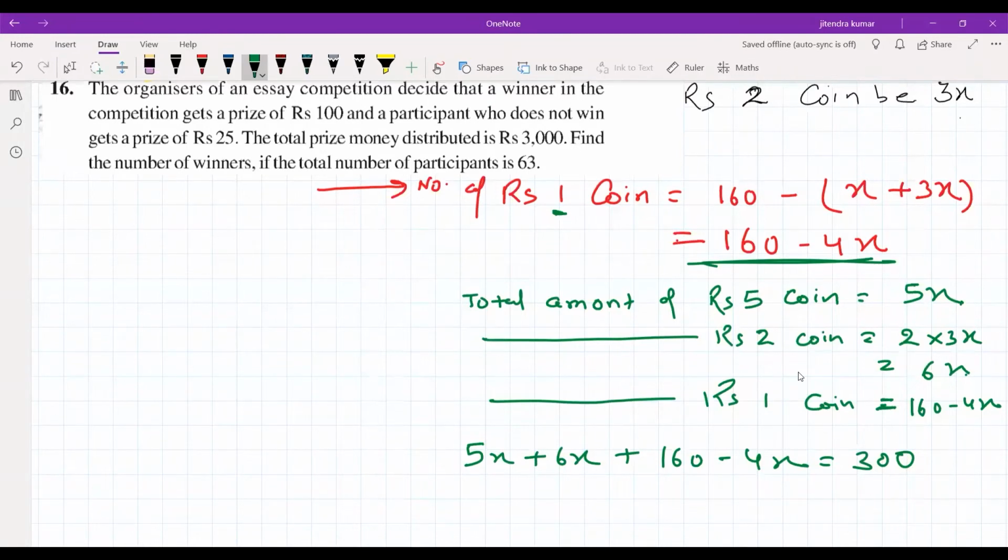Okay, so solve this and tell me the answer. What will be the value of x here? Sir, X is equal to 60. Rupees 5 coins is equal to 60.